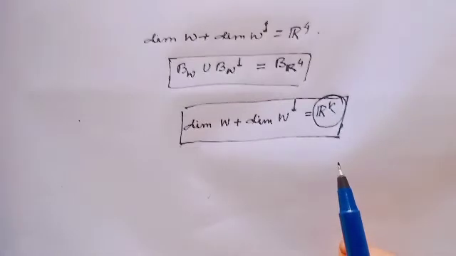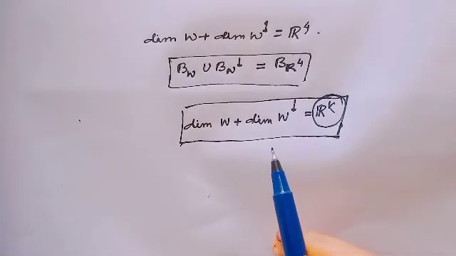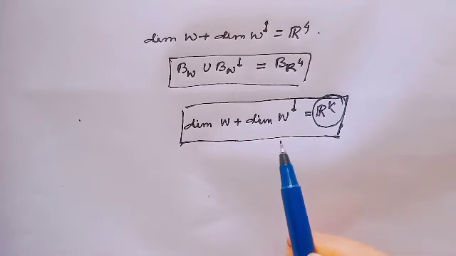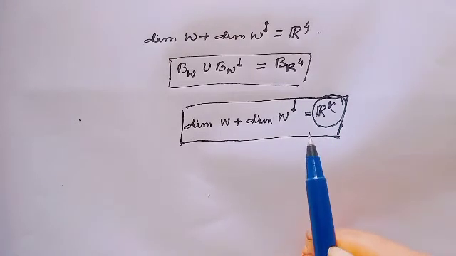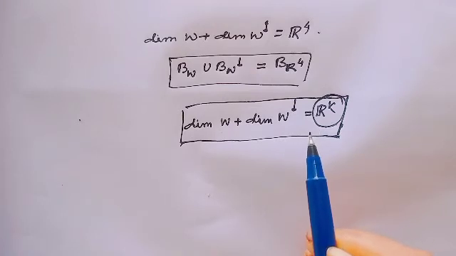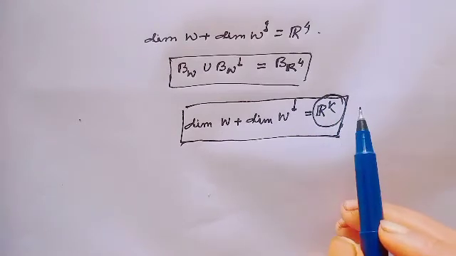Therefore, this is very interesting. If you have any subspace W in Rk, then the dimension of W plus the dimension of its orthogonal complement W perp is the whole space Rk.